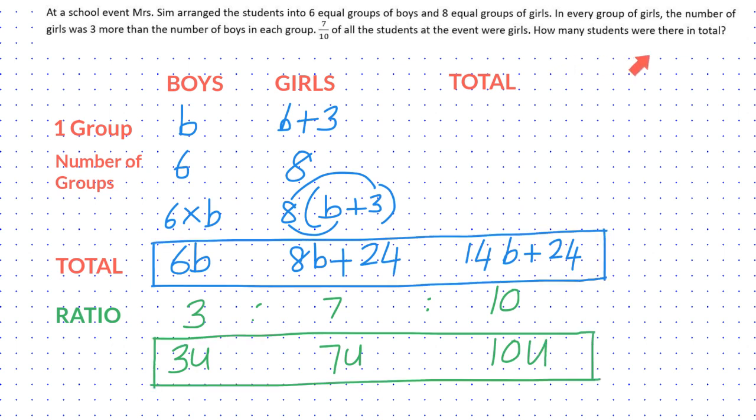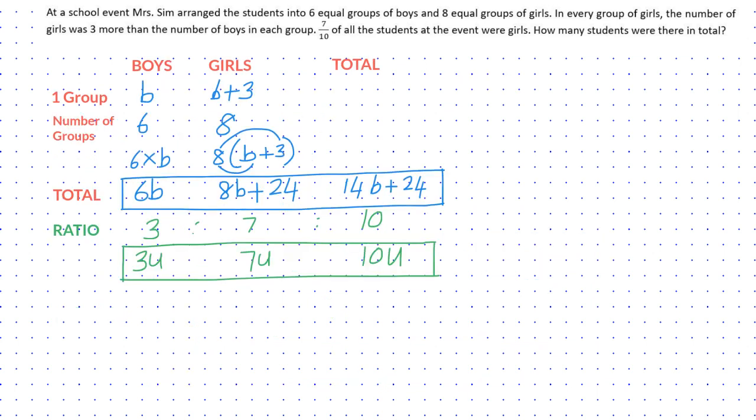So we need to find the total number of students at the event. When we look at the information that we have here, the total number of students in this case is 10 units, and in terms of B, it would be 14B plus 24. When we see two variables, in this case B and U, we know that we need to come up with 2 equations so that we can solve the simultaneous equations and find the value of one variable.